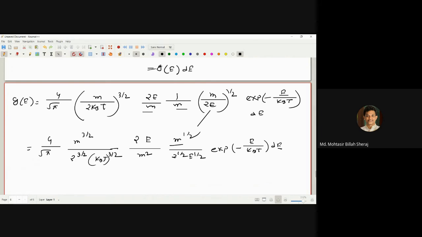Now this m to the power half and this m to the power 3 by 2 gives us m square, and we have an m square in the denominator. Cancel.